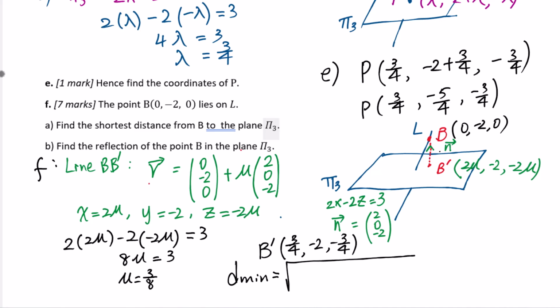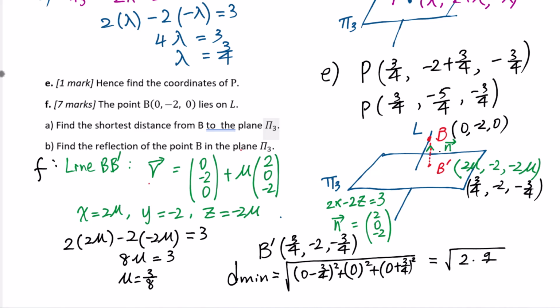Coordinates of B prime (3 over 4, -2, -3 over 4). (0 minus 3 over 4) squared plus (-2 minus -2, which is 0) squared plus (0 plus 3 over 4) squared equals square root of 2 times 9 over 16.